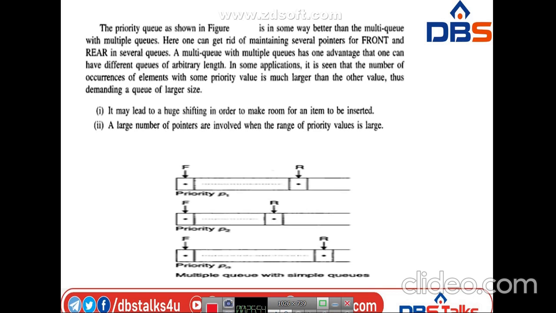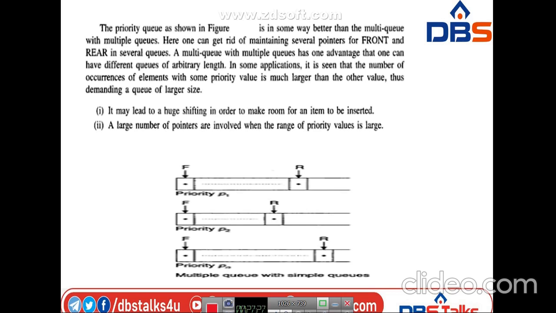For example, if I have a priority queue with 100 values, that is 1 to 100, and priority 1 has 10 elements, the second priority has 15 elements, and the third priority has 20 elements, then instead of maintaining a single priority queue, I am going to divide it into multiple queues with the same priority values.